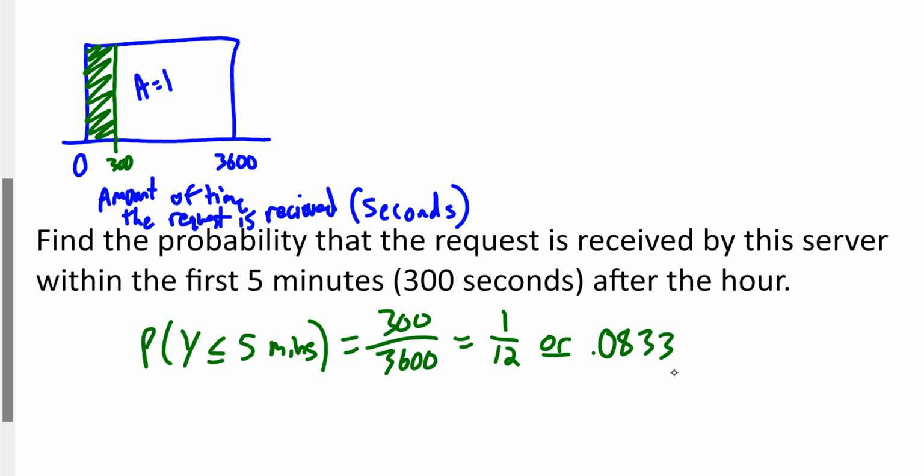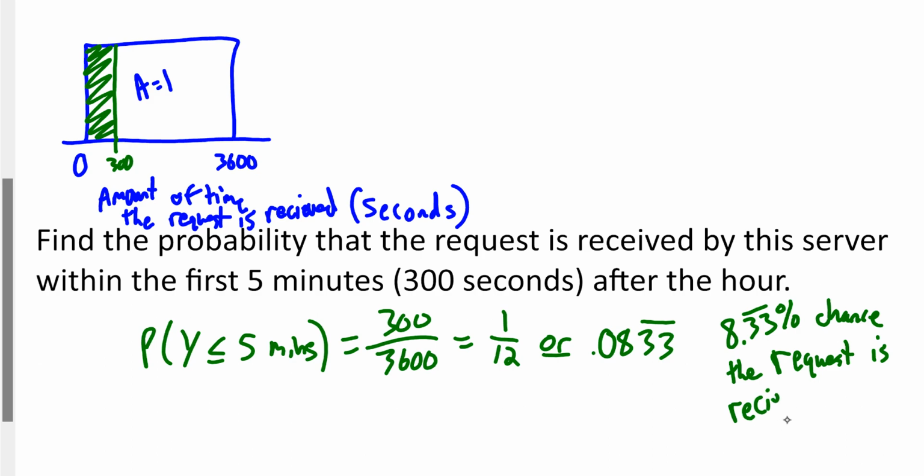And technically that's repeating, but that would be our 3 significant digits. So my answer would be there's an 8.33% chance that the request is received by the server within 5 minutes.